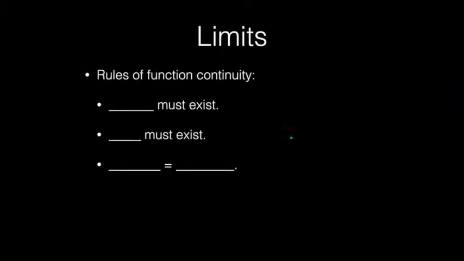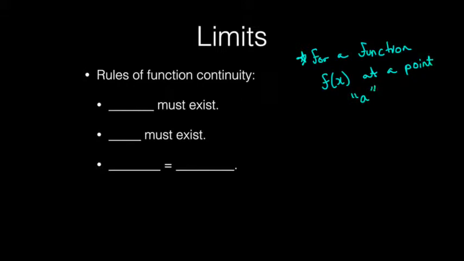So the rules of function continuity. First, let's define a function f of x at a point, let's call that point A. First thing, the limit as x approaches A of f of x must exist.